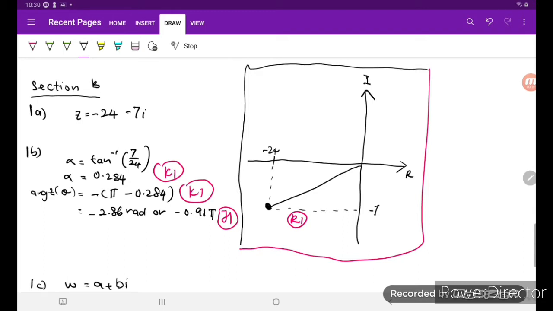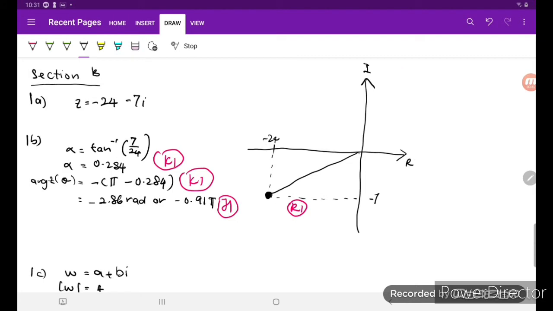You have to sketch the x-axis and y-axis that represent real number and imaginary number. You have to have the value of -24 and -7. You have to have this point, and also the line that represent complex number z. Then you will get 1 mark.